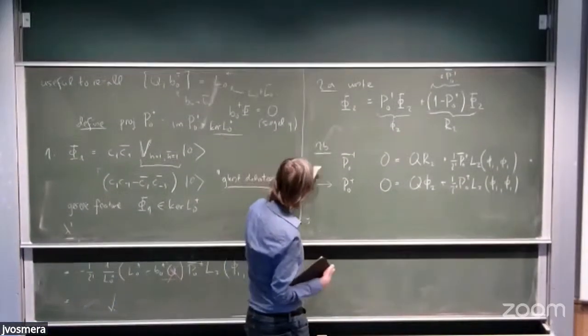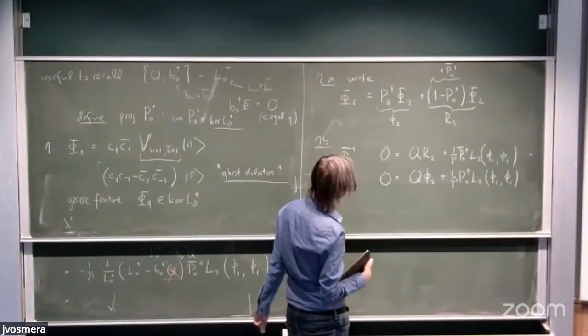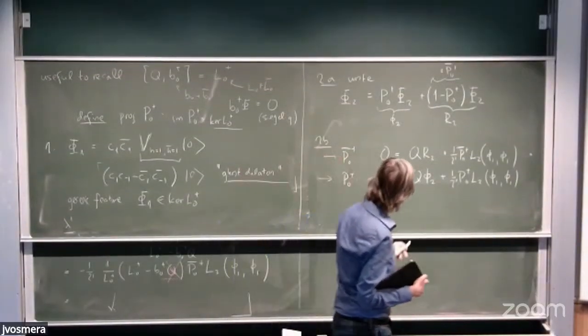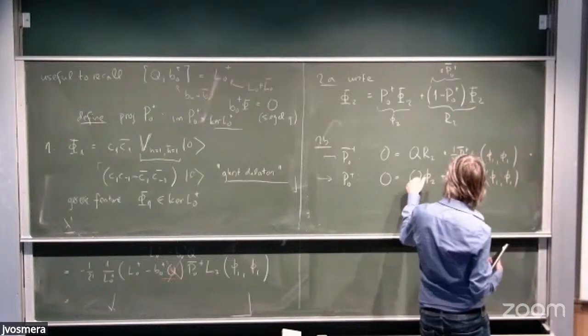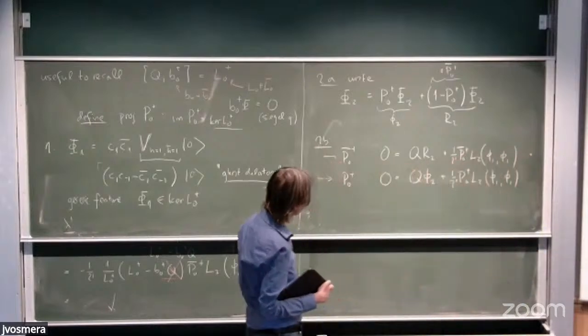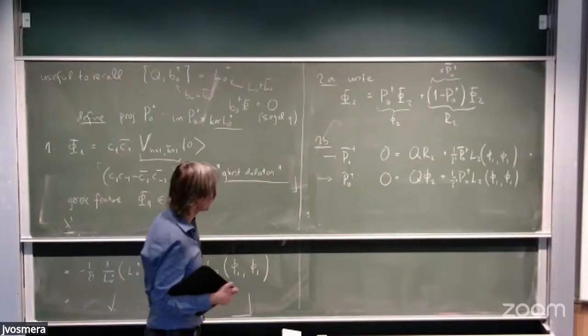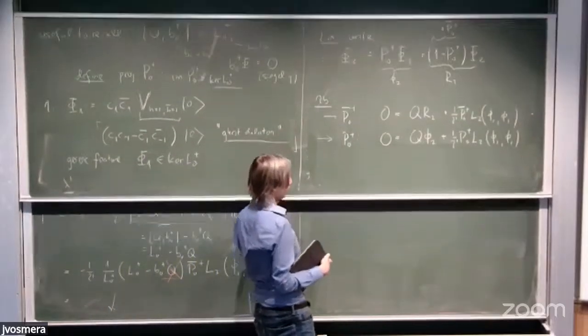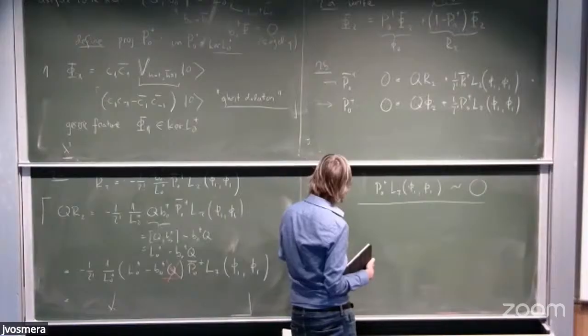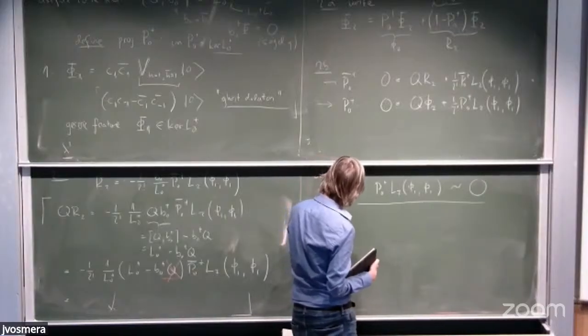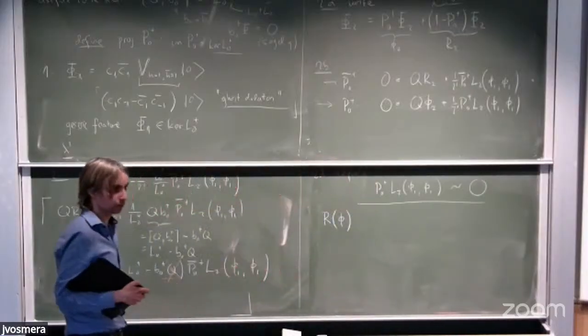Or one could just solve these bar equations of motion, leaving the p equations of motion unsolved, and that would yield the string field capital R as a functional of the string field lowercase phi.